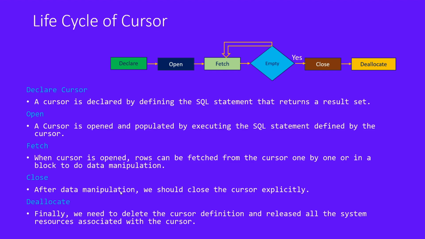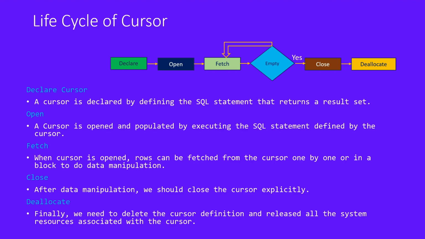Close means after the data manipulation, when we have performed the operation on those rows, we should close the cursor explicitly, correct? And then deallocate. Deallocate means we have to free up the memory for that cursor.